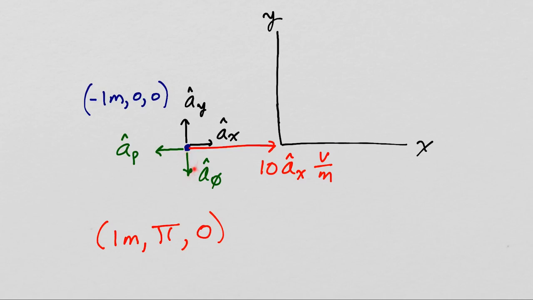And here is the unit vector in the phi direction, in the direction of increasing phi values. So a sub rho is equal to minus a sub x, and our electric field intensity at this point becomes 10 volts per meter in the minus rho direction.